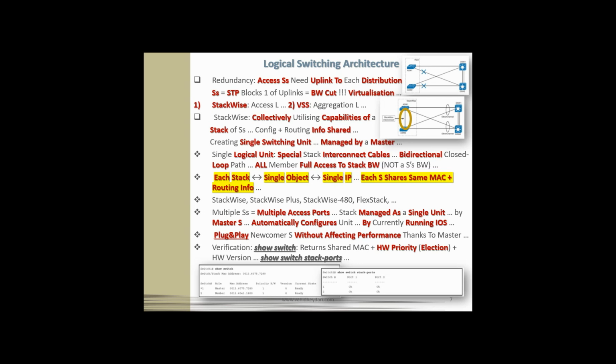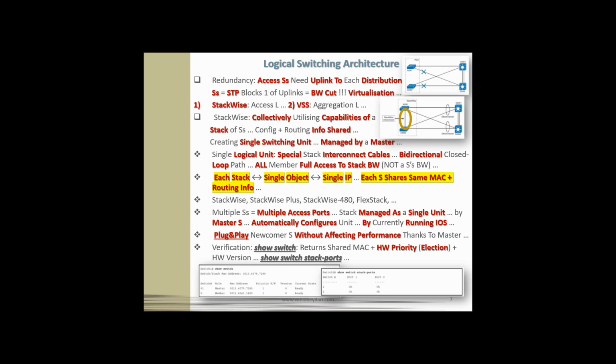And as we have a few switches here, we need one switch to be the boss, and the boss here is the master switch. We shortly see how the master switch selection is done. We need to have an election for it.